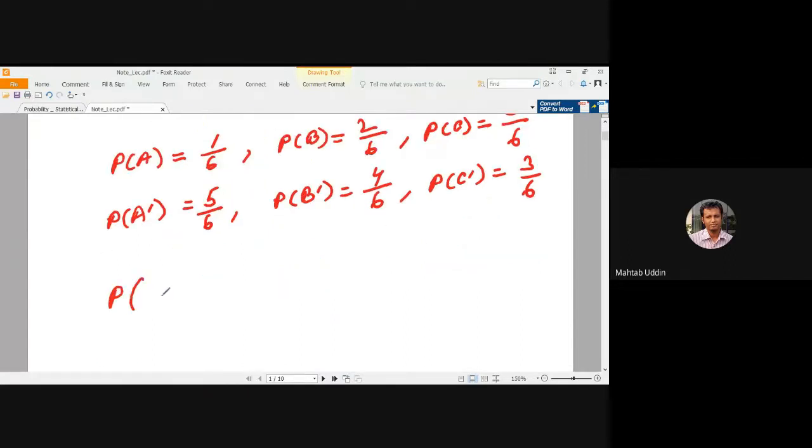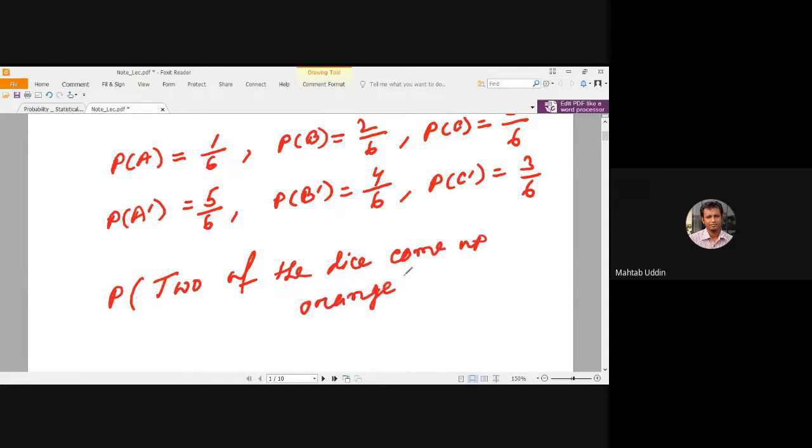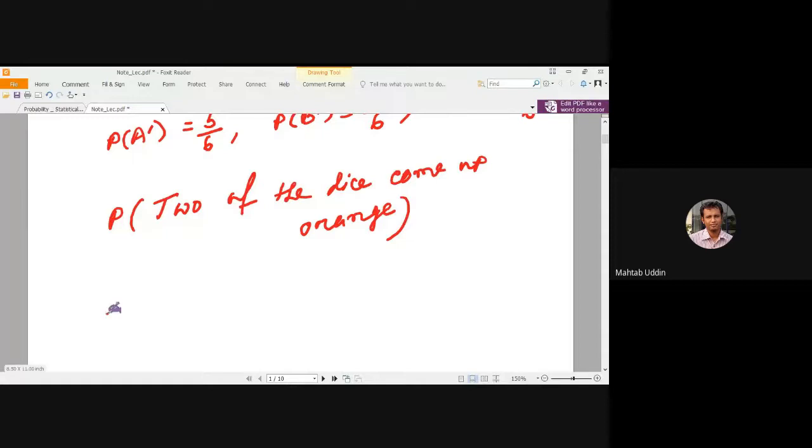So what is the requirement? 2 of the dice come up orange. So you can write probability of A, B, and C complement. Then A, B complement C. Then A complement B, C. Can you write it?